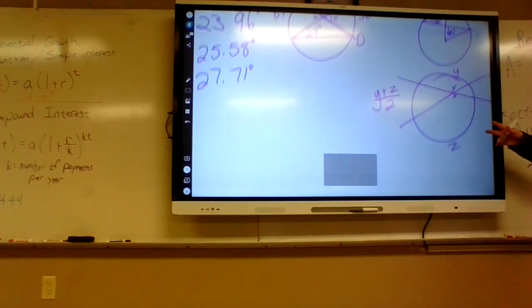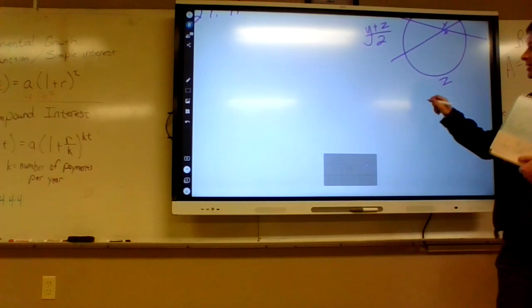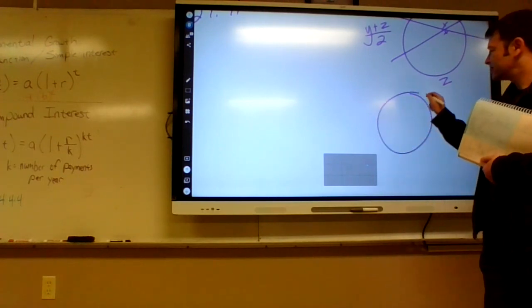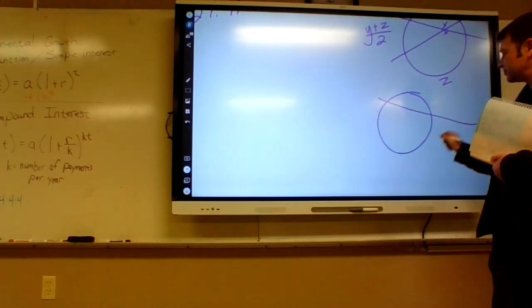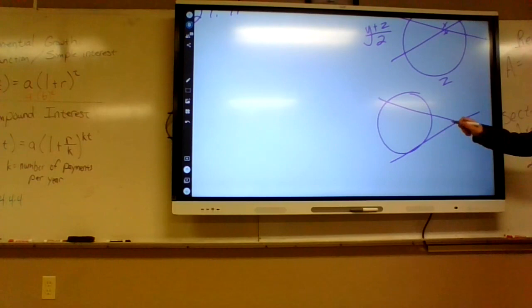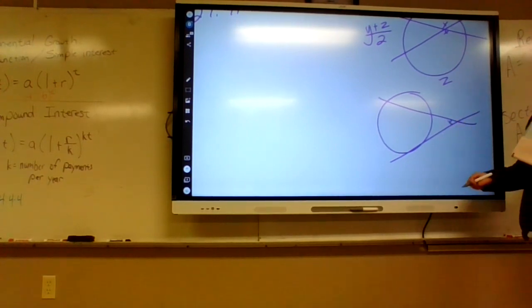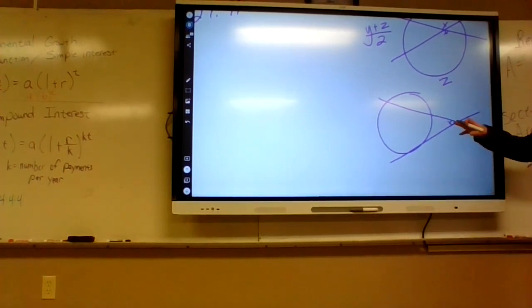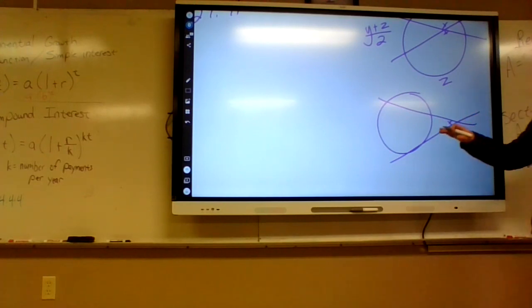Okay, and then right after that we did something like this. Call that X. If the angle is outside the circle, do you guys remember how we did this? This is on number 4, not number 4 exactly, just like number 4B.